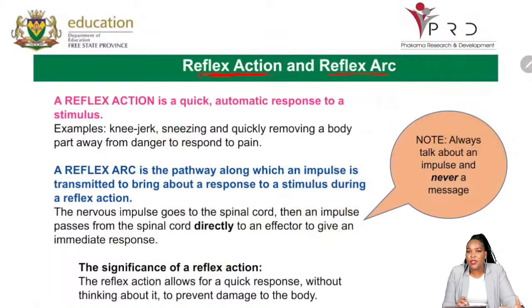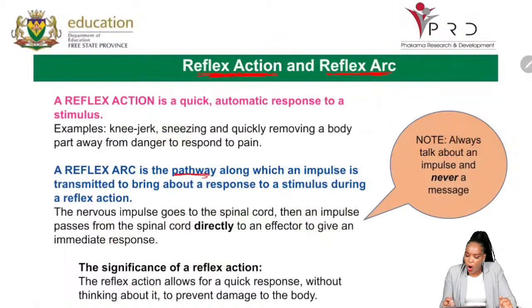This is very important for the exam guideline because they expect you to know what is a reflex action and what is a reflex arc and what are the differences. The one is a pathway, the other one is a response. When you're talking about an action, it is how you respond. But when you're talking about the arc, it is the pathway. It's actually the direction in which the impulses are going to travel.